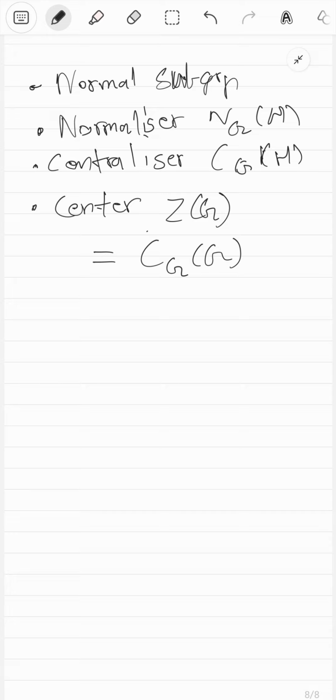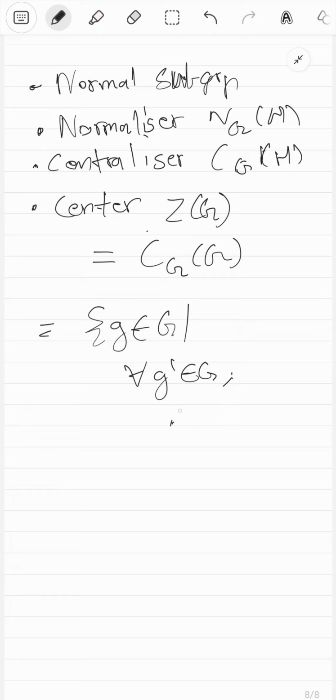So essentially it's the set of all elements g in G such that for all other elements, let's use h, in capital G, what's going to happen is that gh is equal to hg, right? So any two elements commute if one of the elements is in the center of G, or you could say that all the elements commute with everything in the center of G.